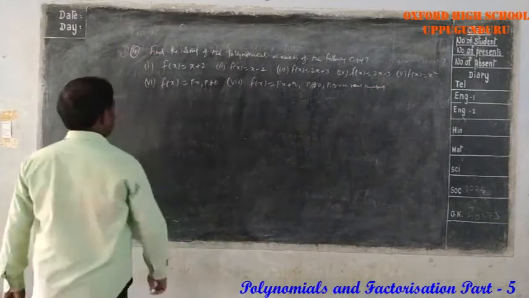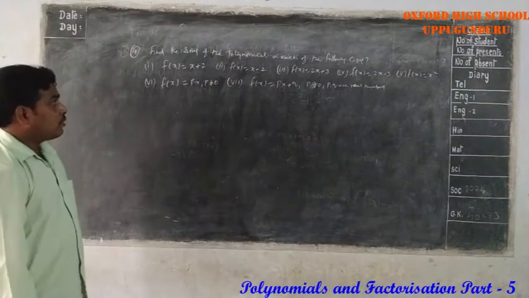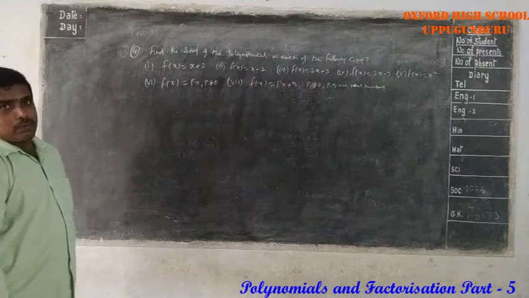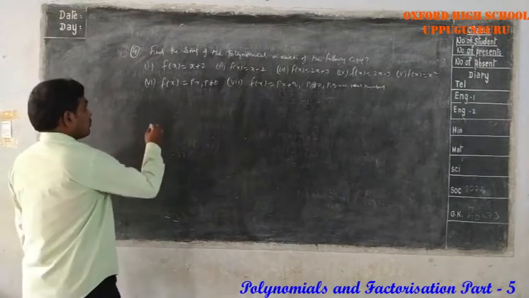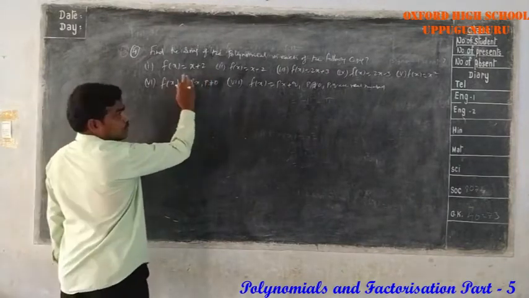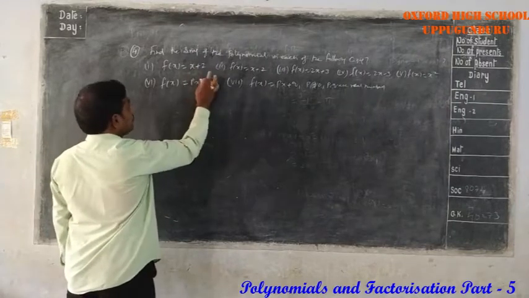So these are the 7 problems they give. I will tell you 4 problems, the remaining 3 problems you have to do. These two are similar, that's why I am telling one problem among these two.